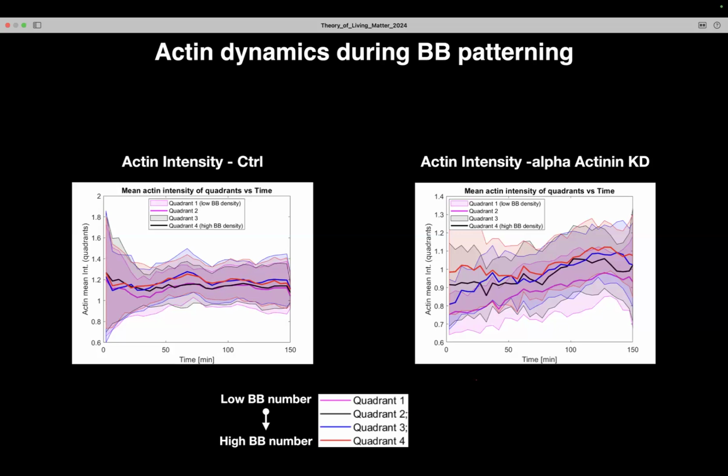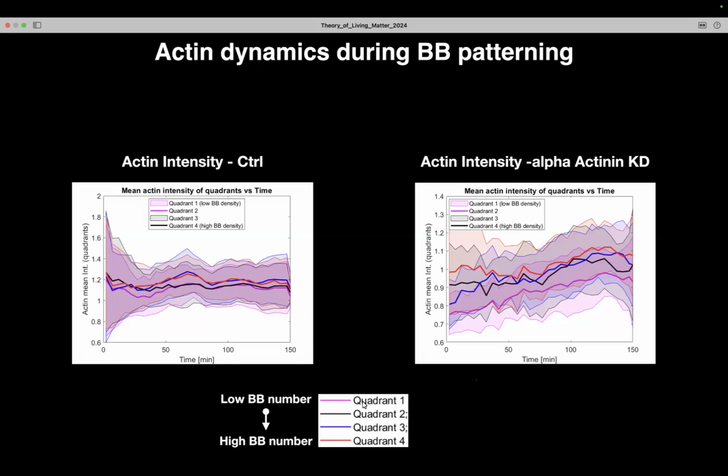But how does it actually look when we look in time? If you look at the intensity of actin in time in these different quadrants, please ignore the legend on top and just look at the legend on the bottom, because the legend on the top is wrong. Pay attention to quadrant 1, which is the pink color.